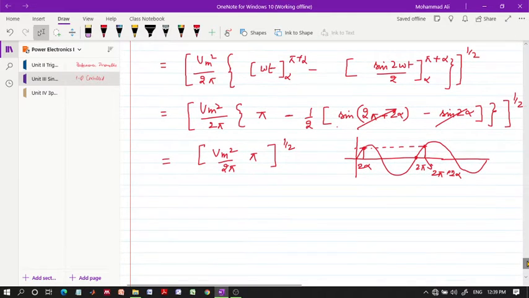So what will be Vrms? It should be V, because when we specifically say the DC component, it will be VDC, and when we talk about the peak value, it should be Vm, and when we talk about the RMS value, it should be V only. So in terms of maximum value, it becomes Vm, and this pi will cancel out, upon root 2.